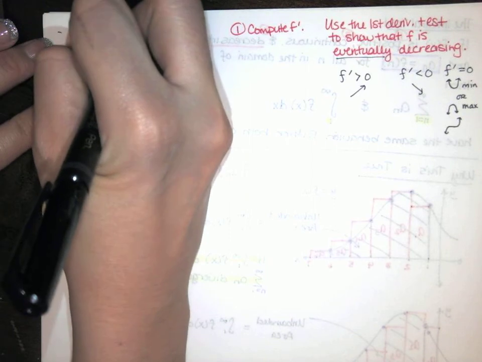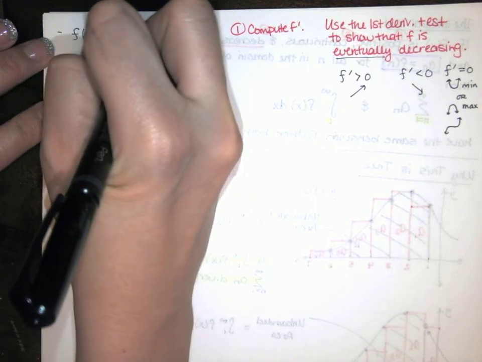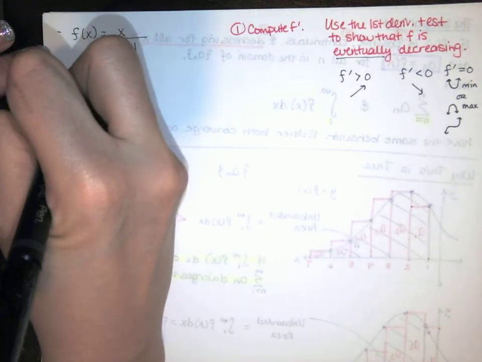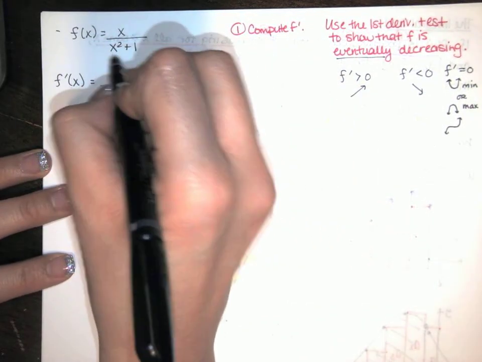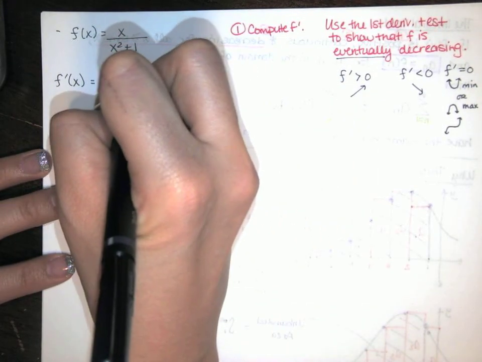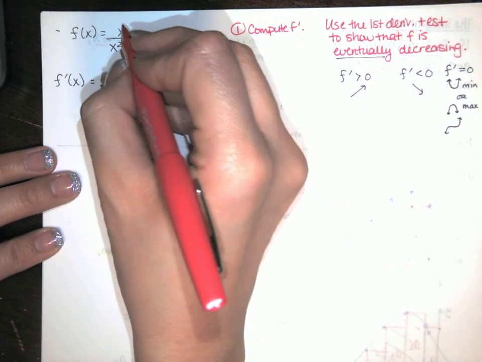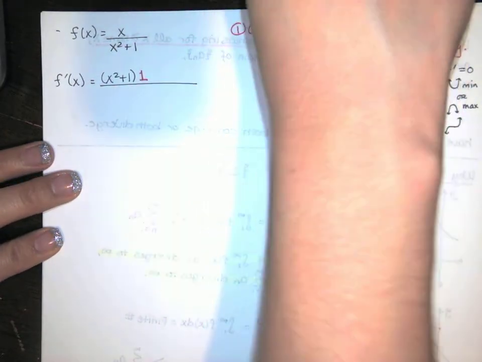So f of x was x over x squared plus 1. To compute the derivative, we do the quotient rule. So that's the bottom function times the derivative of the top function. Low d high, remember? Derivative of the top function is 1.